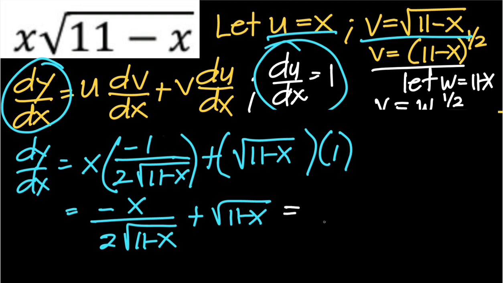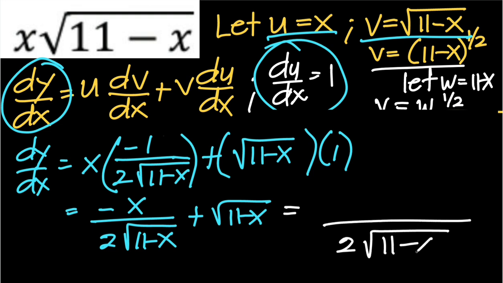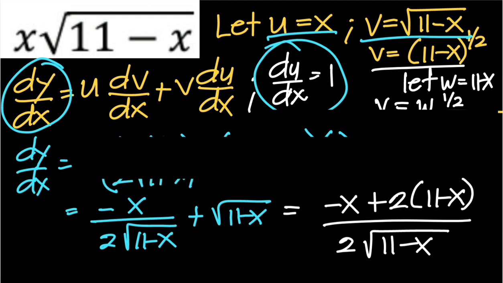We get the LCD. LCD here is 2 square root of 11 minus x. So this is just negative x plus 2 square root of 11 minus x divided by 1 times 11 minus x. So that is 2 times 11 minus x. Then we further simplify this. This would become negative x plus 2 times 11 minus x.